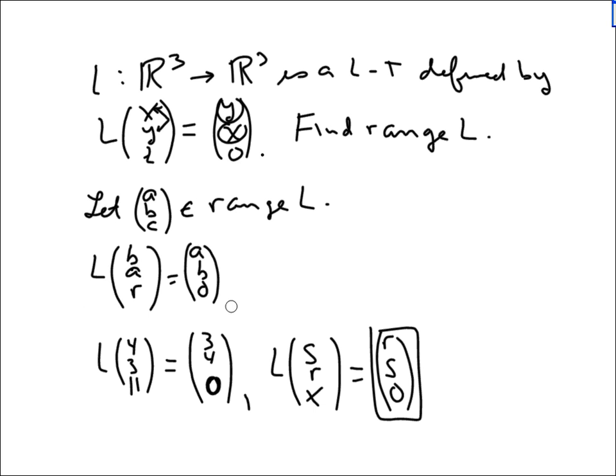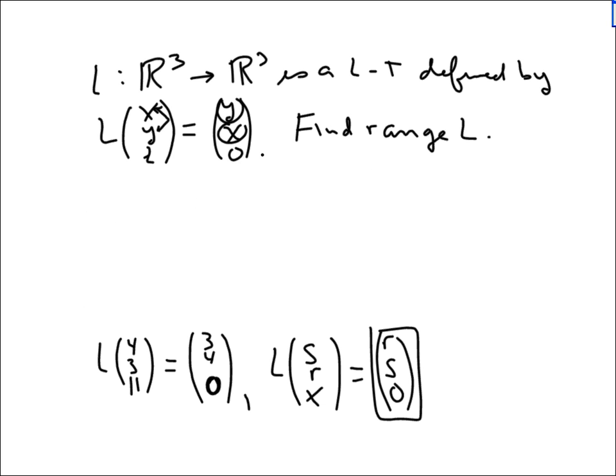Now, personally, I think you're just going to have to see that. The best thing is to just see it. Just say, oh, the range of L is the set of all triples where the first and second can be anything.